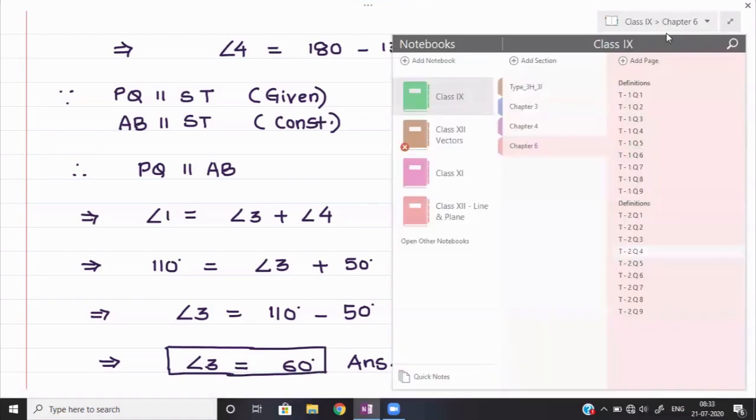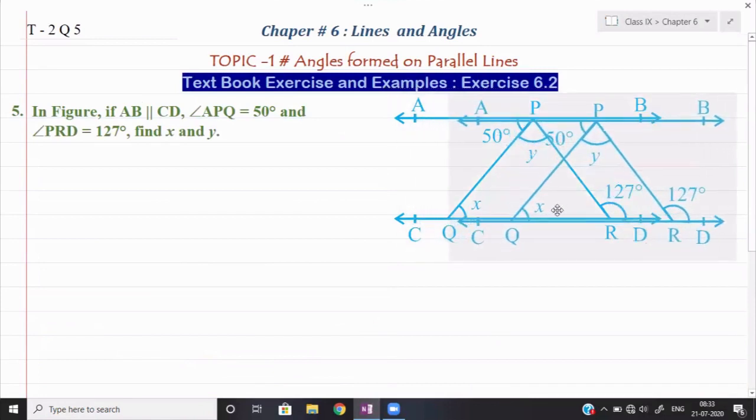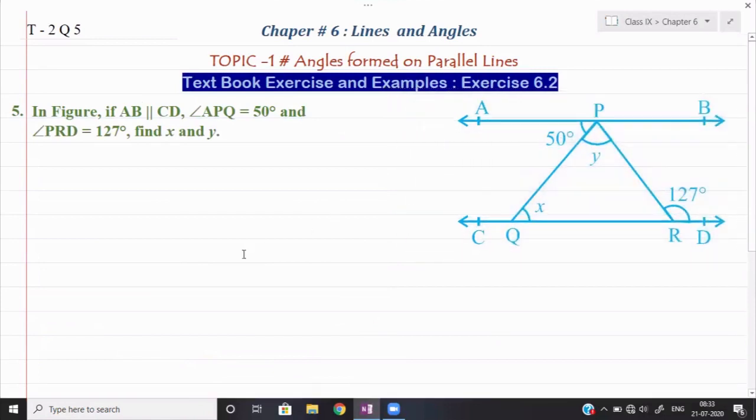In question number 5, see what is given. In the figure, AB and CD are parallel, meaning we are given one pair of parallel lines. Second, we are given angle APQ, starting from A, then going to P and then Q. APQ means this angle they are talking about, which is given as 50 degrees.